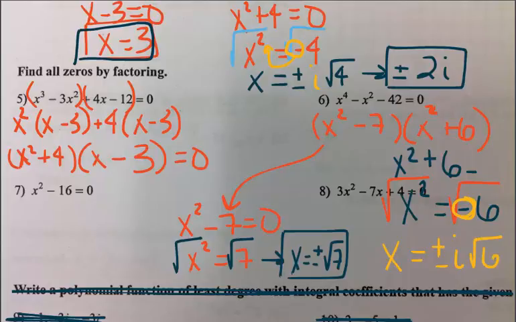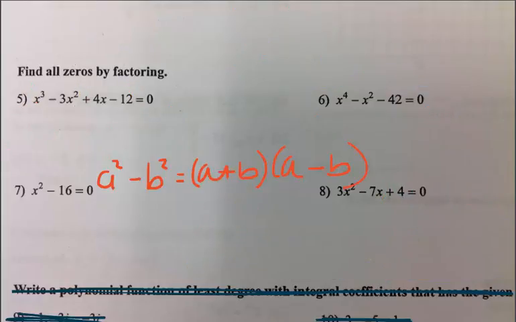And 6 is also not a perfect square with no perfect squares inside of it as a factor, so we leave it as the square root of 6. I do have my 4 answers: positive square root of 7, negative square root of 7, positive i square root 6, negative i square root 6. Don't be afraid of solving these little equations. These are just teeny tiny. Get the x by itself. You guys can do this.